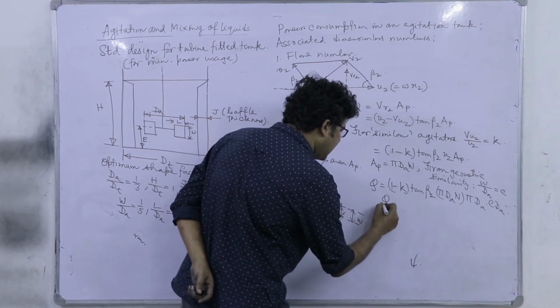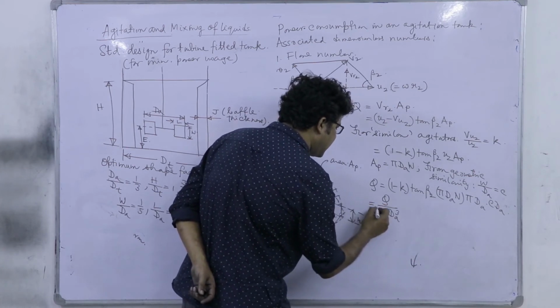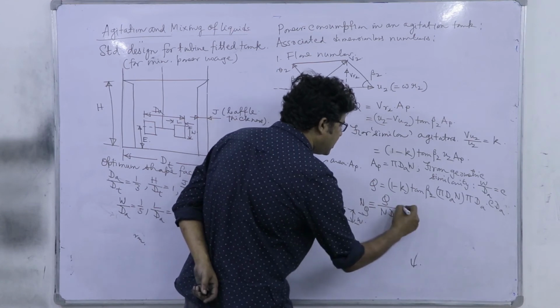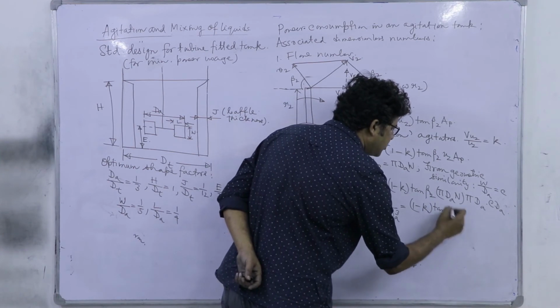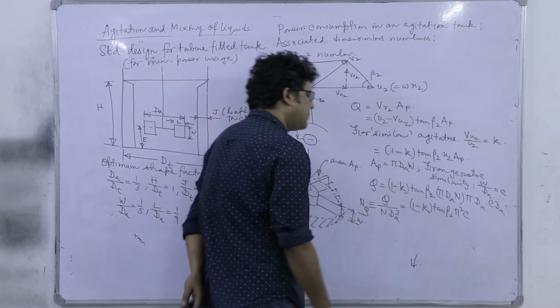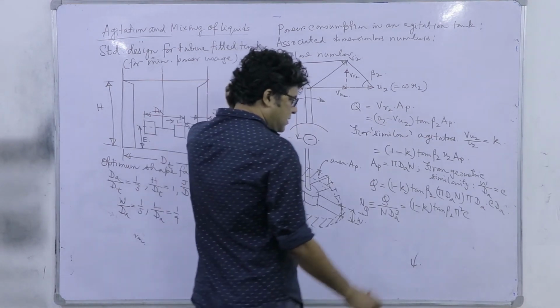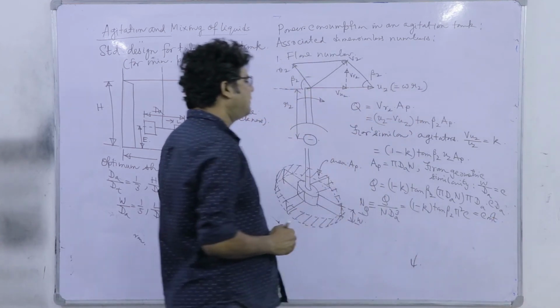So, what we can have, that Q divided by n into dA cube, which we define as flow number N_Q, is 1 minus k into tan beta 2 into this pi square into C, right, all constant. So this is the flow number.